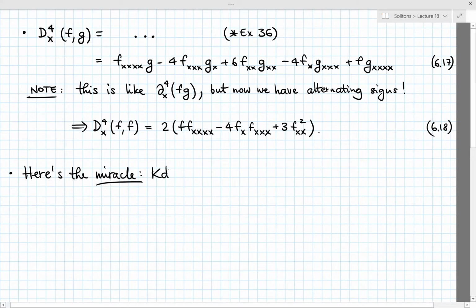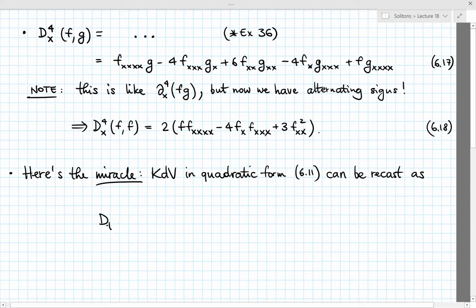The KdV equation in its quadratic form (6.11) can be recast as Dt Dx plus Dx to the 4th acting on f comma f is equal to 0.